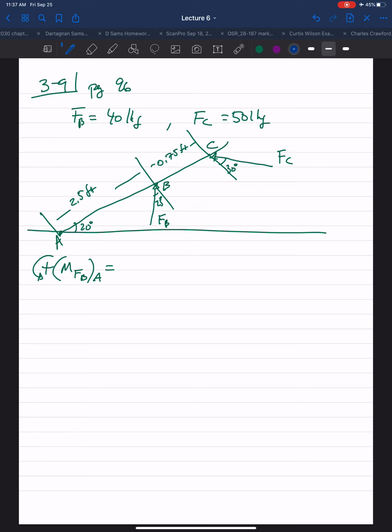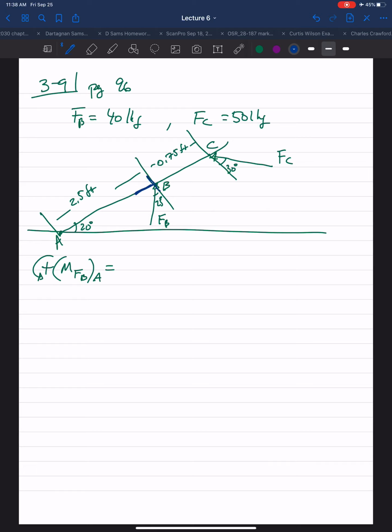So it has a vertical component and a horizontal component. If we take the horizontal component, it is on the line of action of force B, which goes through point A, which means it causes no rotation.